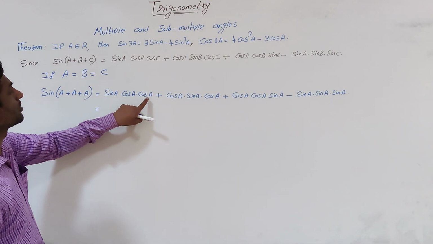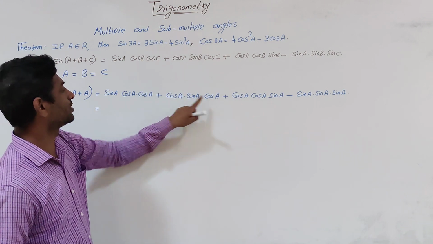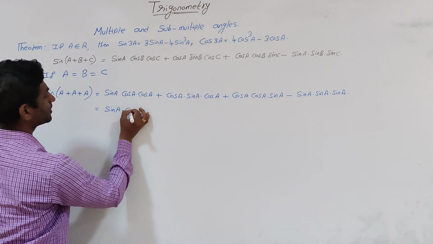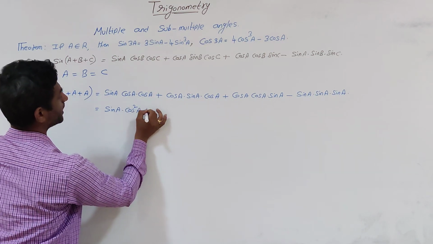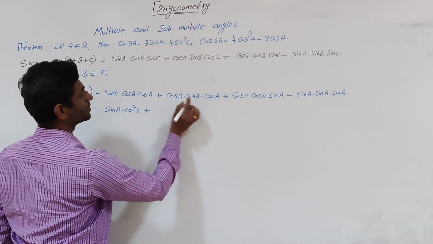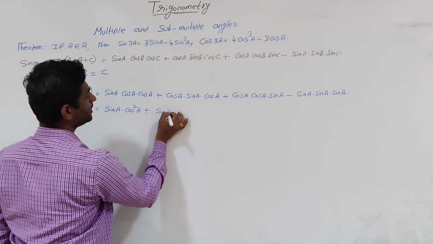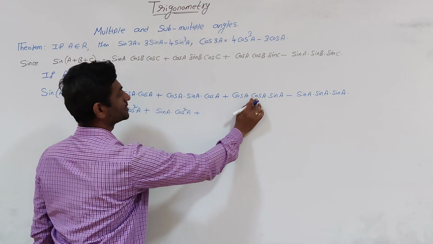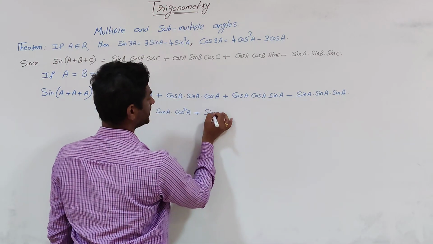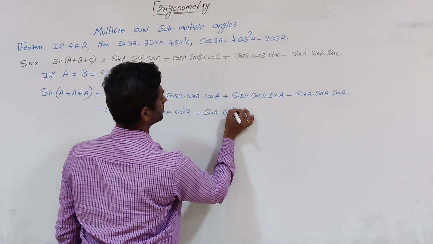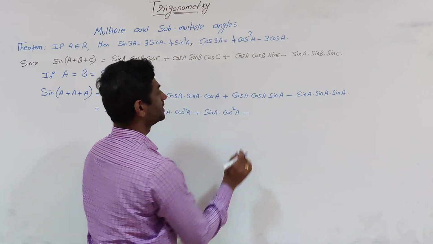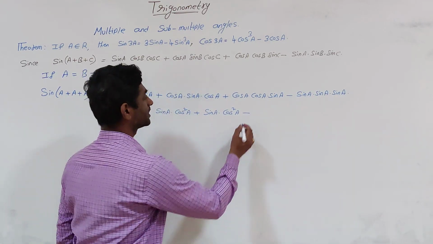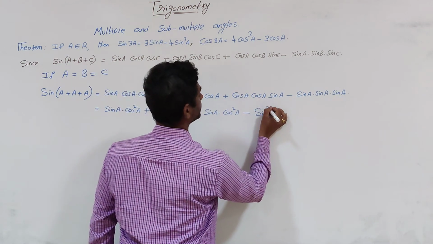Sin A cos A into cos A means sin A into cos square A, plus cos A into sin A into cos A, again it will be sin A into cos square A, plus cos A into cos A into sin A, again it will be sin A into cos square A. Minus sin A into sin A into sin A, it is sin A whole cube, so that is written as sin cube A.